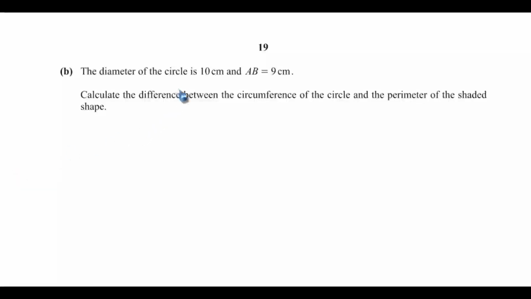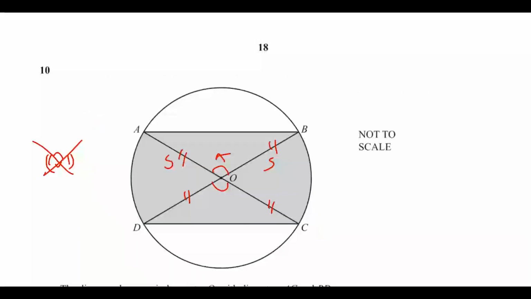The diameter of the circle is 10 centimeters and AB is 9 centimeters. Calculate the difference between the circumference of the circle and the perimeter of the shaded shape. We are given that the diameter is 10 centimeters and the side AB is 9 centimeters.